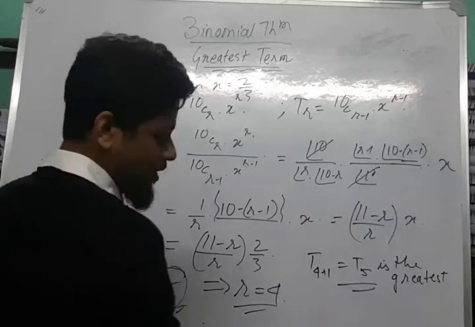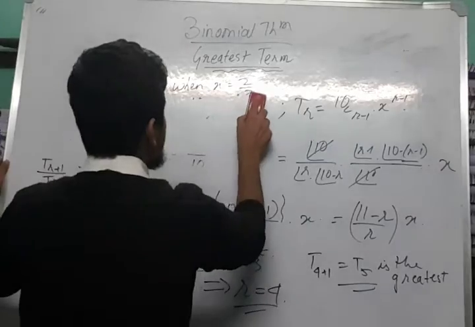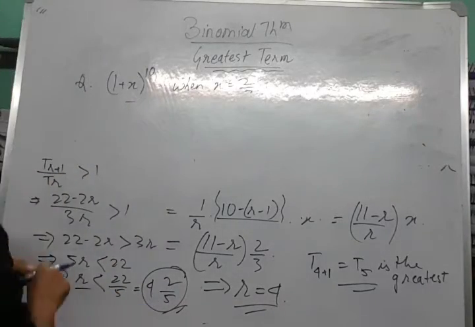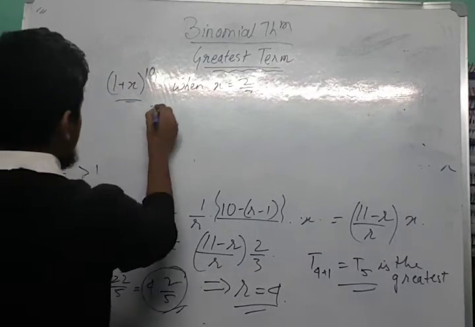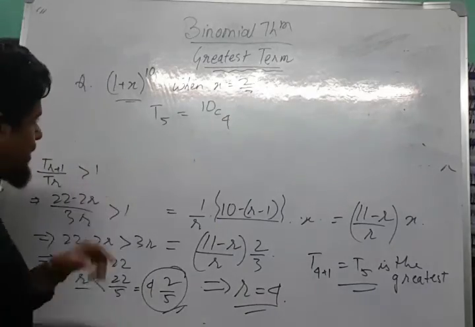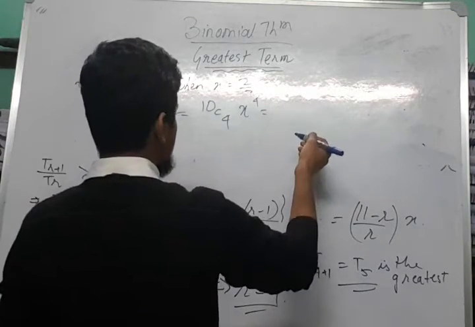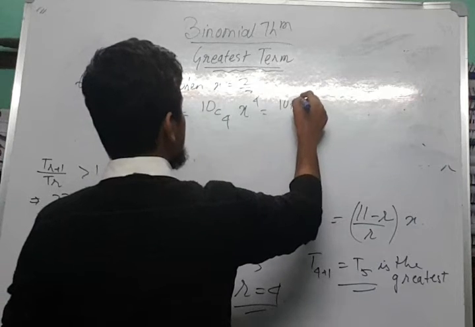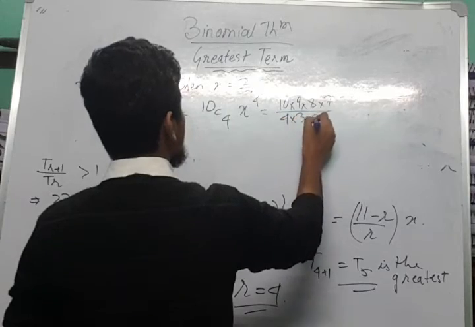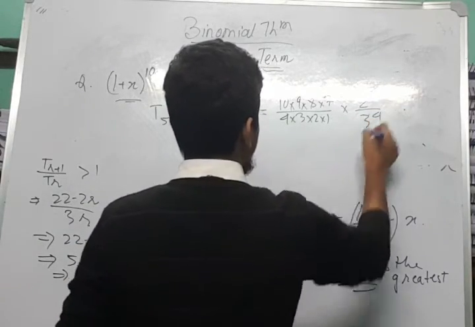So we had the expansion of (1 + x)^10, so the fifth term will be equal to 10C4 into x^4. 10C4 will be (10 x 9 x 8 x 7)/(4 x 3 x 2 x 1), and then you have (2/3)^4, so 2^4 by 3^4.